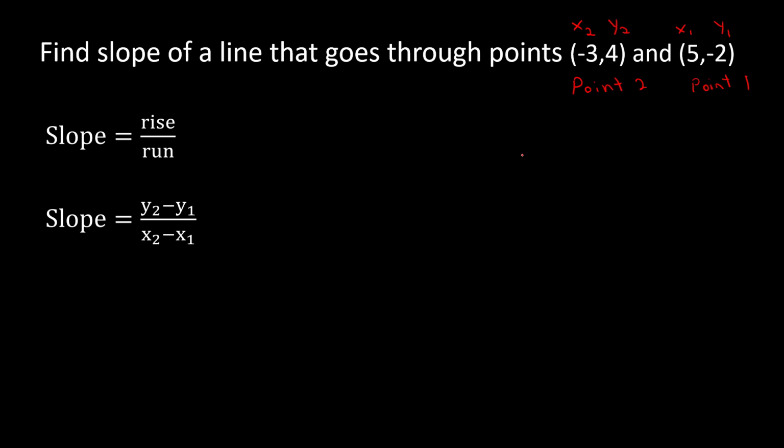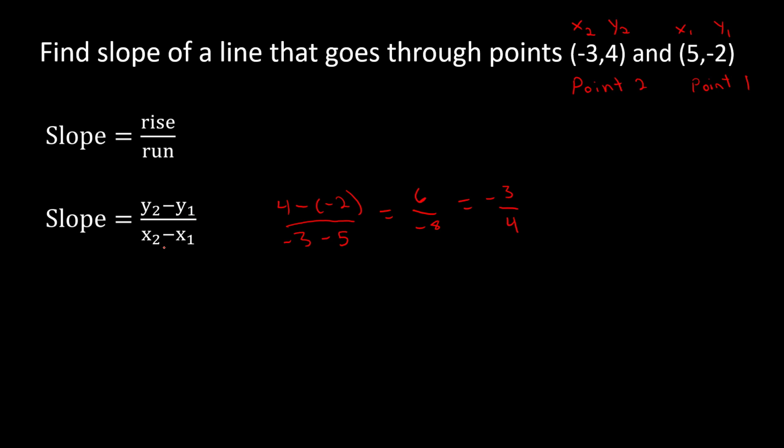So if I do it this way, I take y2 minus y1, so I have 4 minus a negative 2 over negative 3, x2, minus the 5, x1. 4 minus negative 2 is a positive 6, and then negative 3 minus 5 is a negative 8, which can reduce, and you get negative 3 over 4.